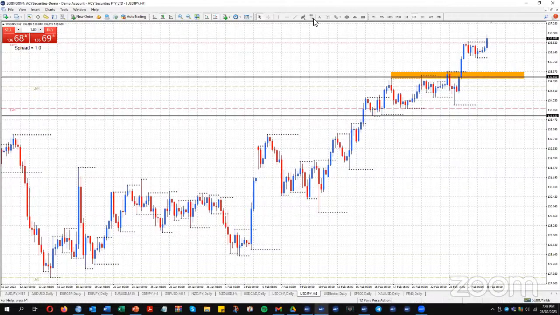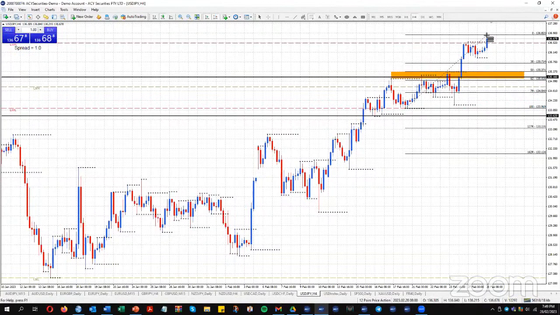I would also be drawing a fib across from last week's low up to the current high. I can see the 62 level lines up nicely as well with one of those 4-hour tops. All right, so that would be an area I'll be watching. And sometimes price will pull back to the area that I'm watching, sometimes it won't.